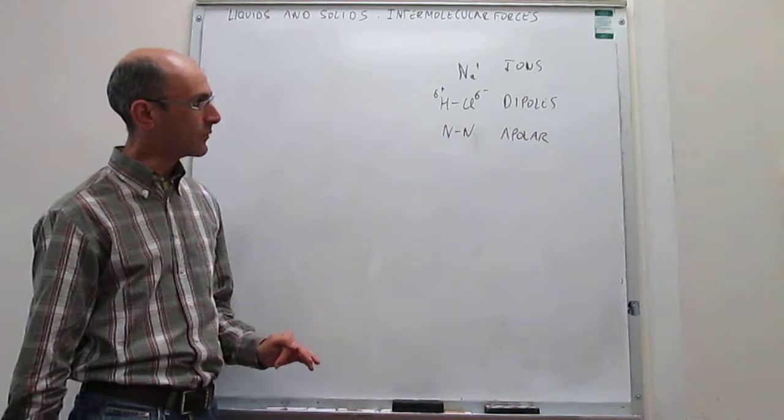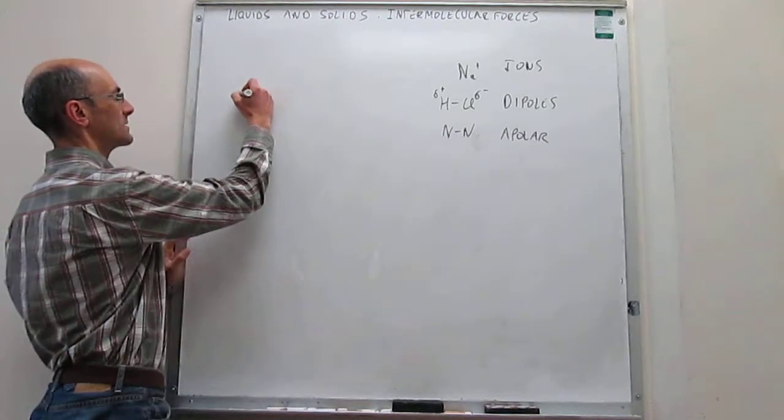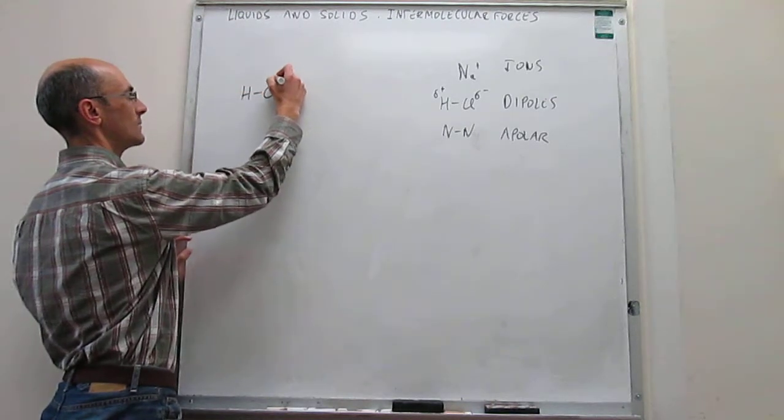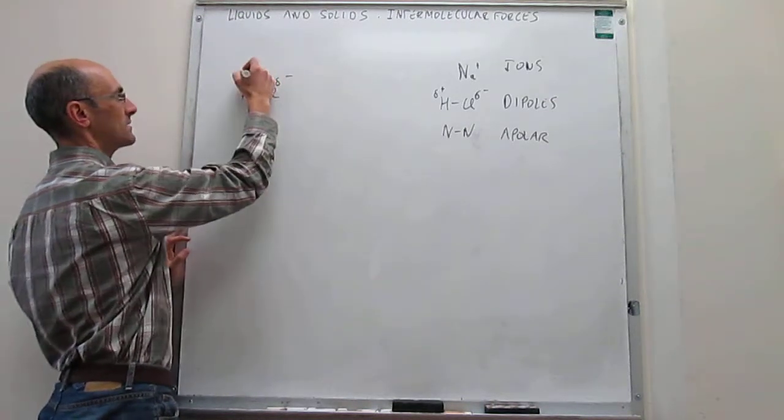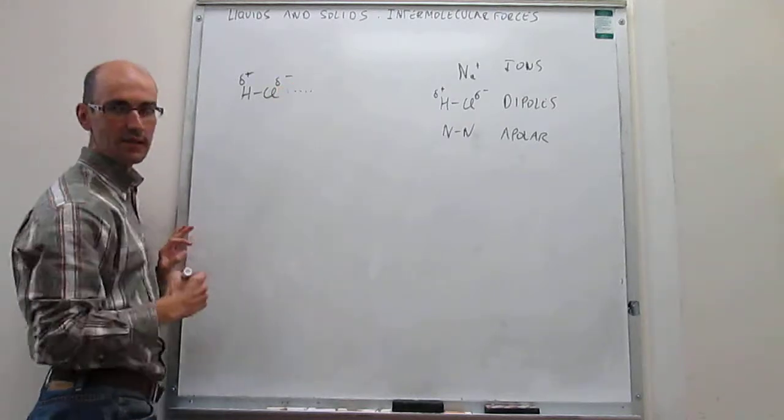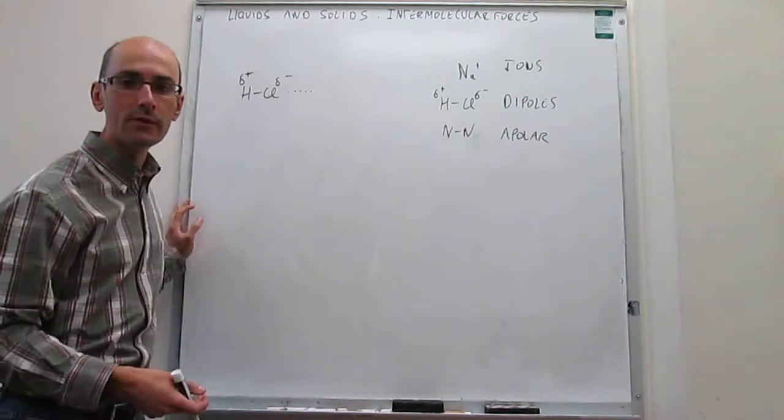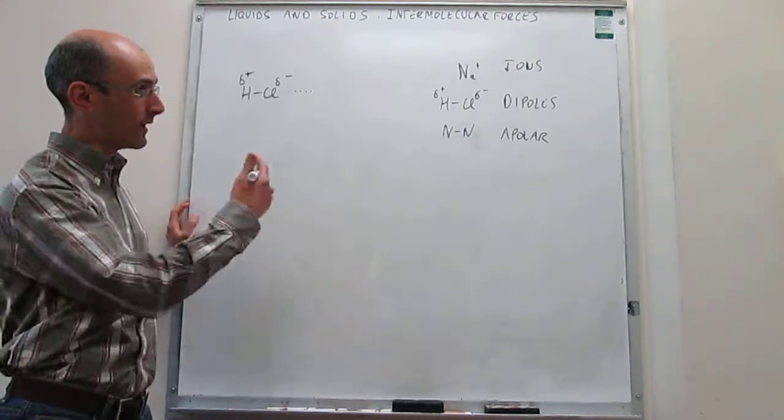Let's think about the interaction between two dipoles, so HCl and HCl. Because you have a negative end and a positive end, there can be an electrostatic interaction with a neighboring molecule in the liquid HCl.